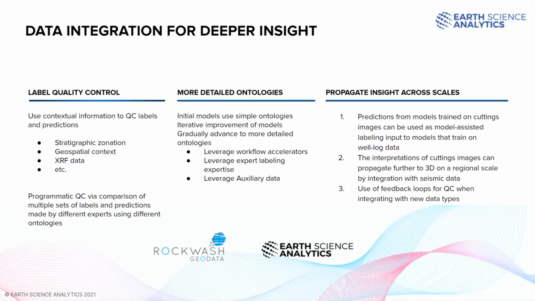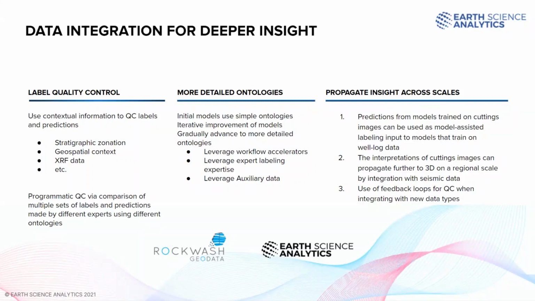And we have the ability to integrate this data with the auxiliary data, such as the XRF, XRD, the stratigraphic data, and so on. And then we can identify the candidate mistakes, send them back to the labeler to now have a more targeted approach to fixing the errors, run the process again, and iteratively improve the predictions.